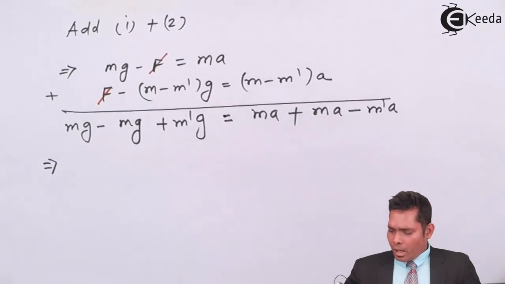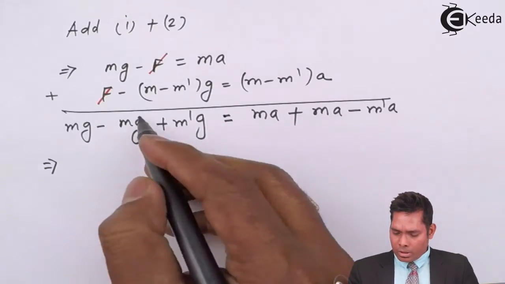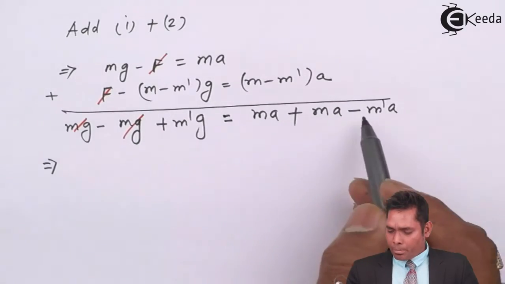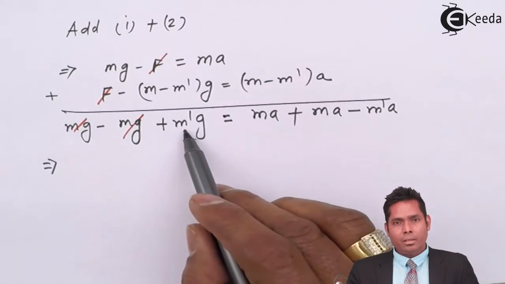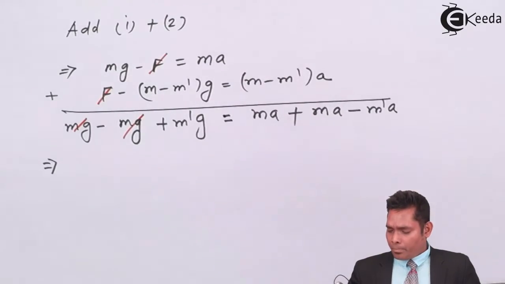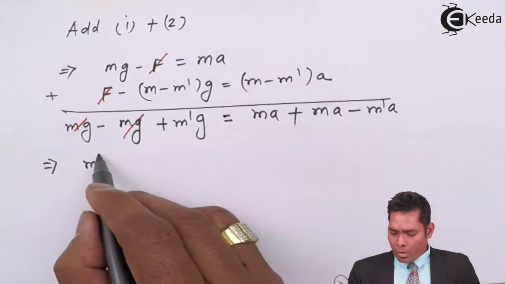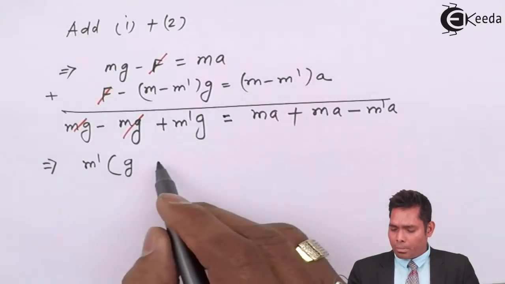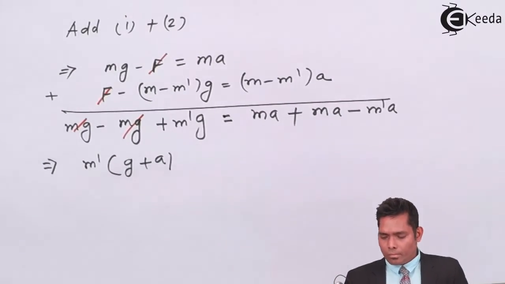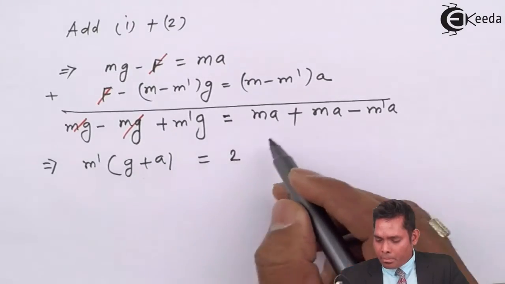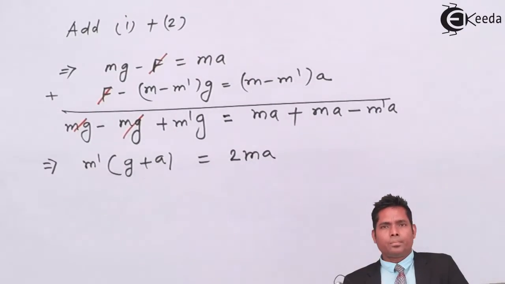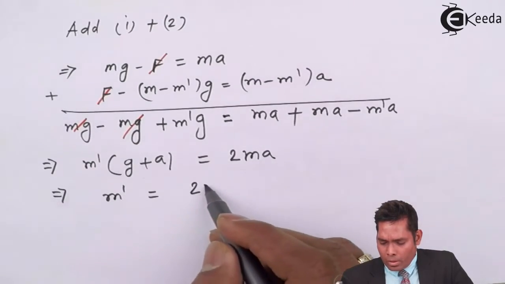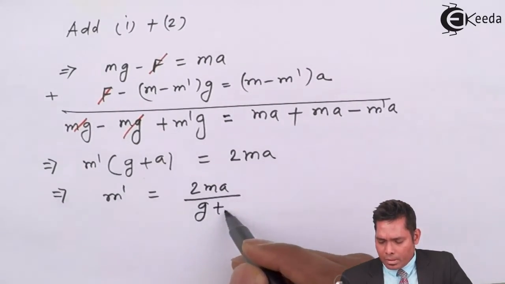I am interested in m prime, so I bring this term to this side and take m prime common, so it becomes m prime times g plus a. And on the right side we have ma plus ma, that is 2m a. So from here I am getting m prime equals 2ma divided by g plus a.